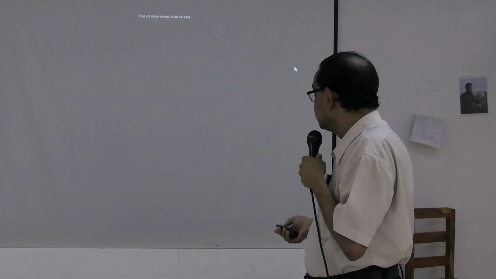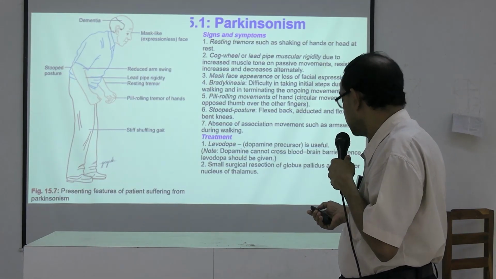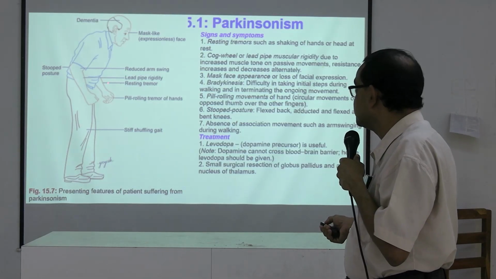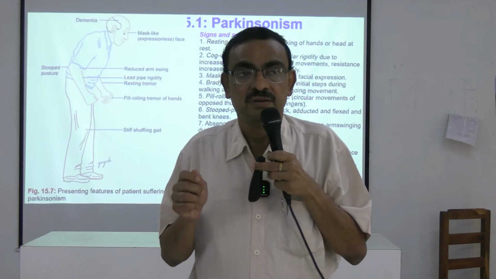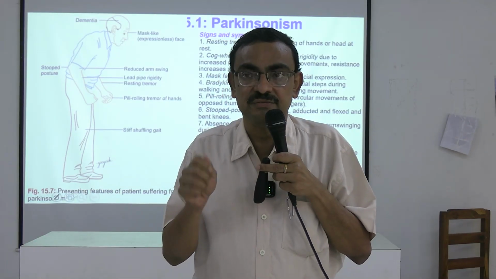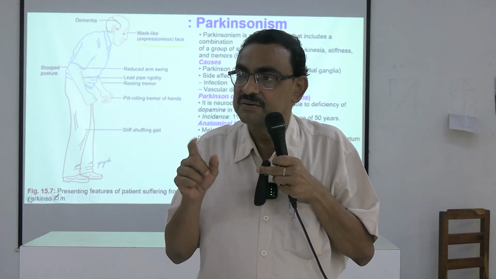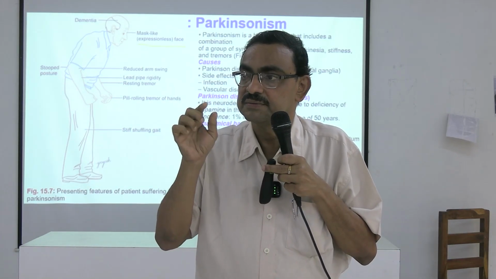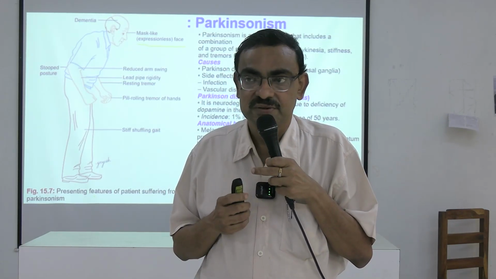Then you can see there is a tremor which is called resting tremor, which is of different types, like drum beating tremor or pill rolling type of movement. It is not an intentional tremor. This is resting.